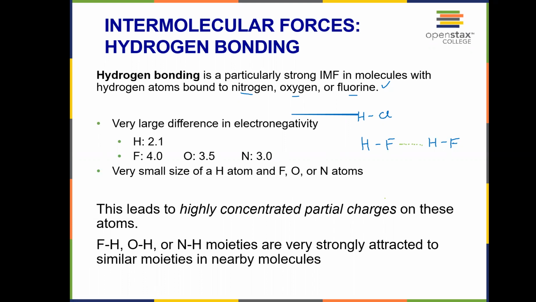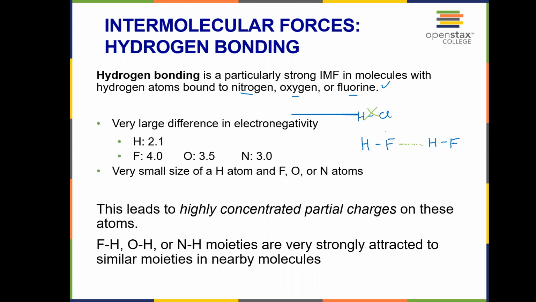The reason this occurs, and maybe does not occur with chlorine, is because hydrogen is a very small atom. Fluorine, oxygen, and nitrogen are also relatively small atoms. And the difference in electronegativity is very large between hydrogen and those atoms.